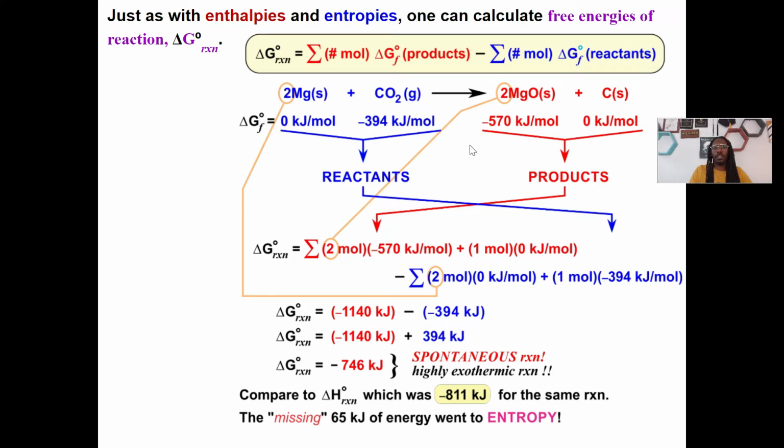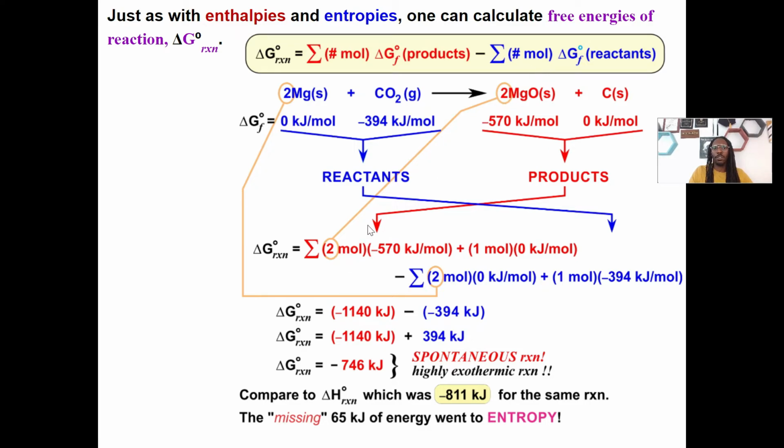Looking at this equation, very similar to before if you looked at the previous videos, magnesium plus carbon dioxide gives me magnesium oxide and carbon. Instead of using enthalpy or entropy, we're just going to use delta G. So we have 0 for magnesium, negative 394 for carbon dioxide, negative 570 for magnesium oxide, and 0 for carbon. We do the same thing, products minus reactants.